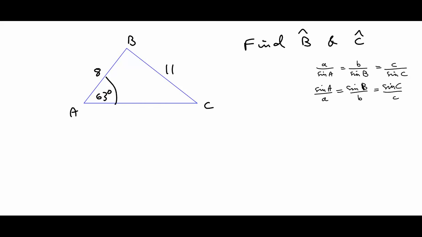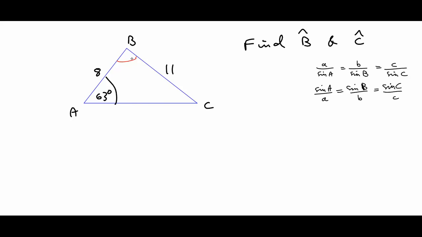Suppose instead we have a triangle where we have two sides and an angle which is opposite to one of the sides we know. If we had this angle here, the angle B, and the two sides, then we wouldn't be able to use the sine rule. This angle here, B, is between the two sides, and the opposite of B we don't know.